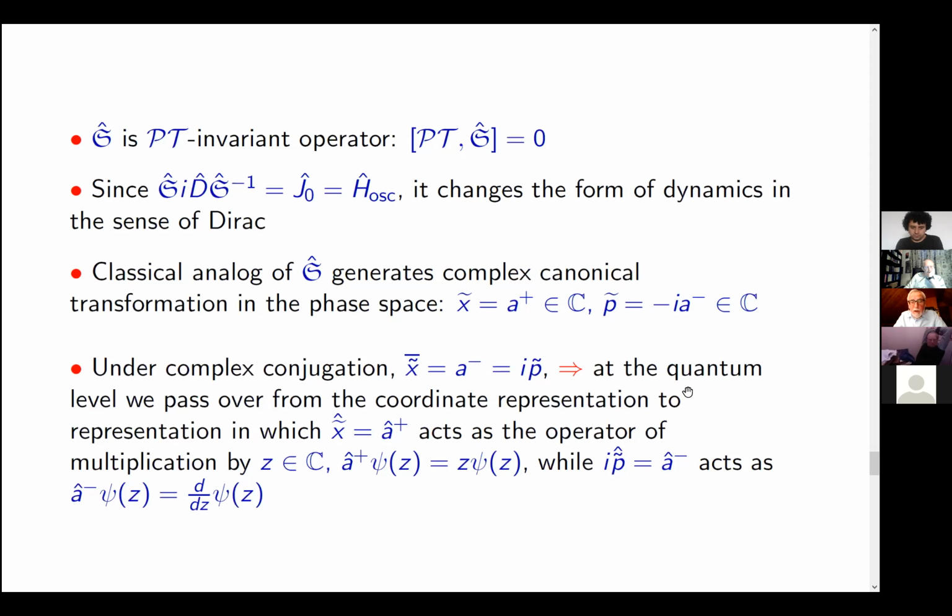So at the quantum level, we can pass from the coordinate representation to a representation in which the coordinate operator acts as multiplication by some complex variable z, while the momentum operator acts as the differentiation operator in this complex variable.